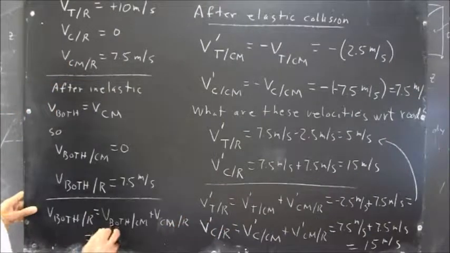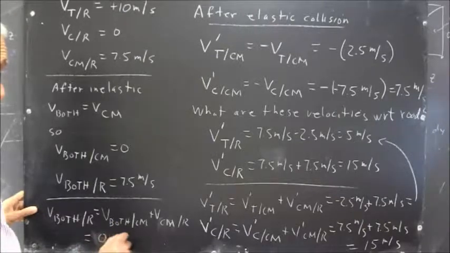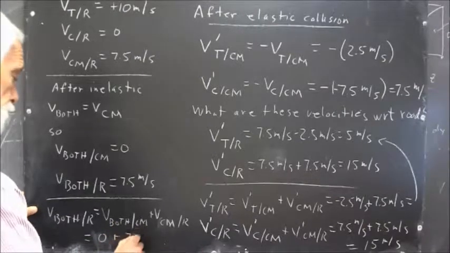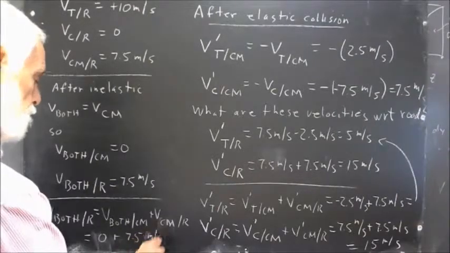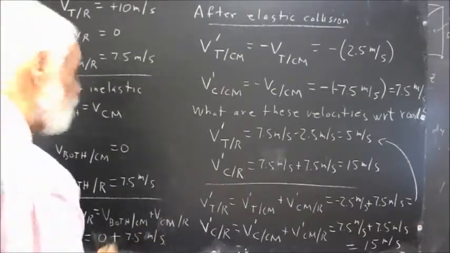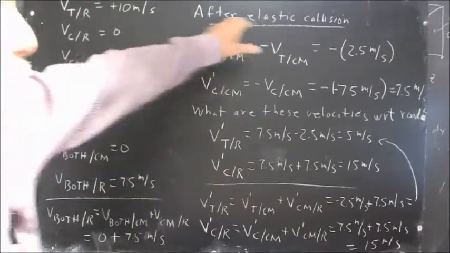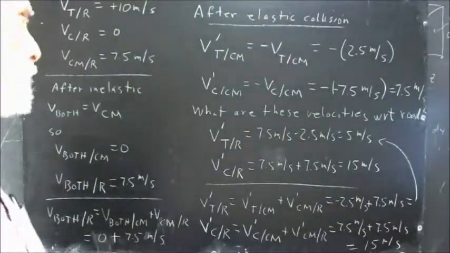Sorry, got that wrong. So velocity of both with respect to the center mass, since both are at the center mass, is 0. Velocity of center mass with respect to the road, 7.5 meters per second.